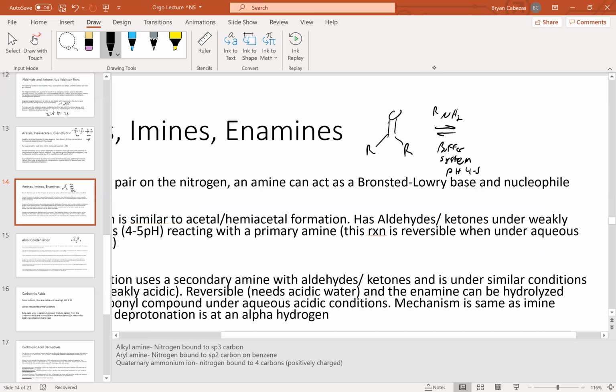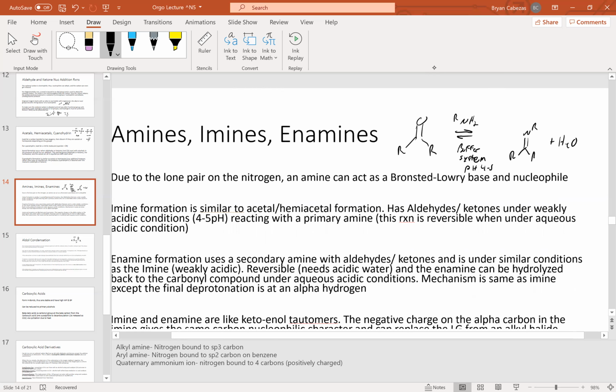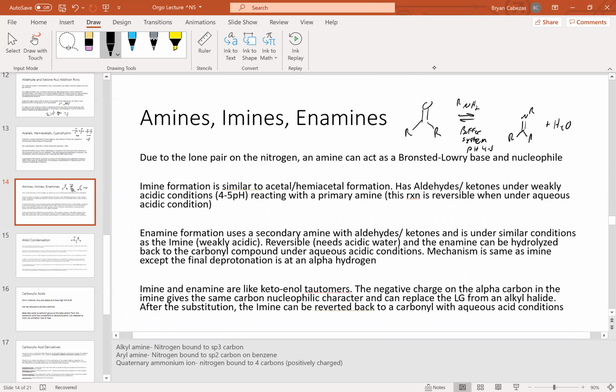What results is the replacement of the oxygen with our nitrogen, and the nitrogen has its R group. Then we have the removal of an H2O molecule. That is the formation of an imine.